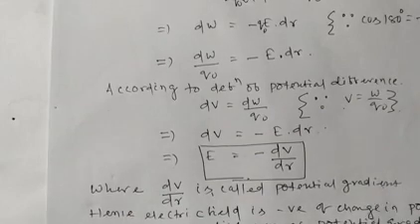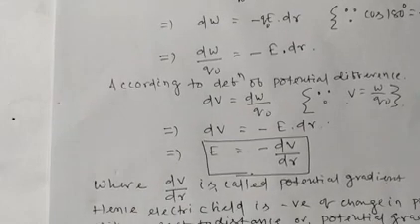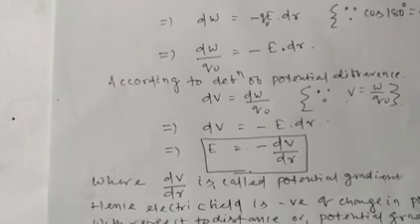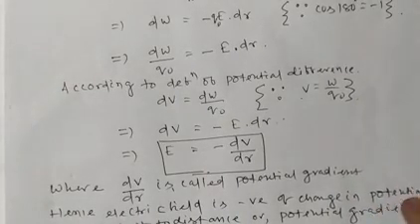That means how the potential changes with respect to distance. That is called your potential gradient. Hence the electric field is the negative of the change of potential with respect to distance.